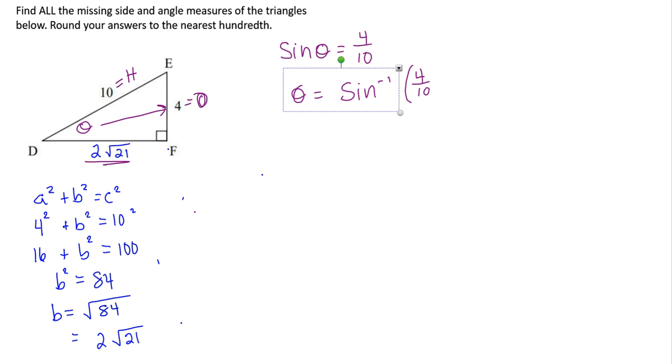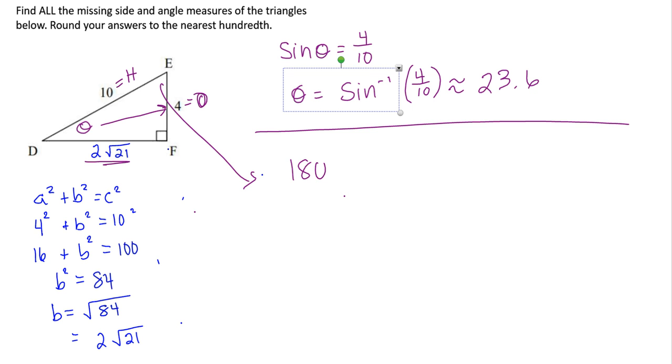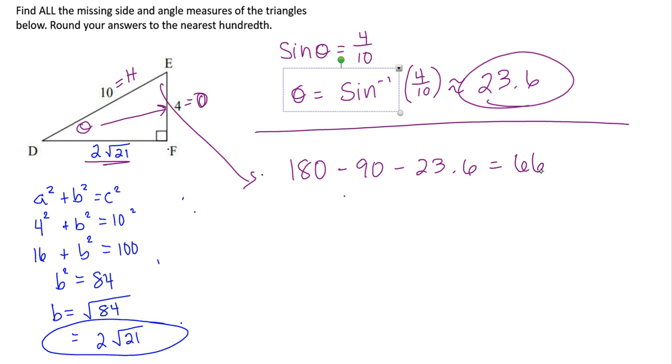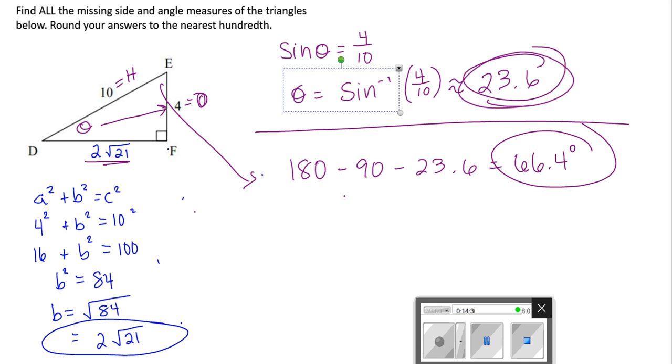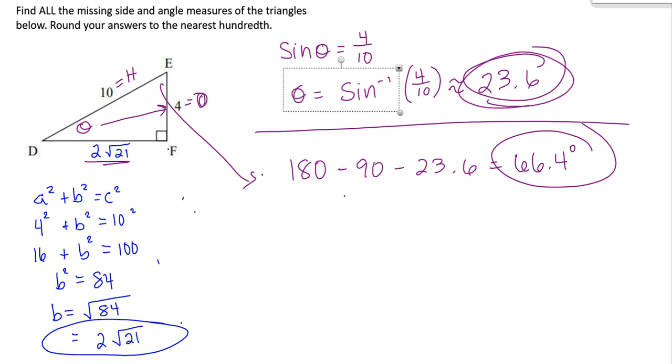You can reduce along the way, it doesn't really matter. Which tells me that theta is 23.6. Now to find that other angle, right, this angle right here, I can just take 180 minus 90 minus 23.6, which is 66.4. So I have found my other missing side and my two missing angles, and that's it.